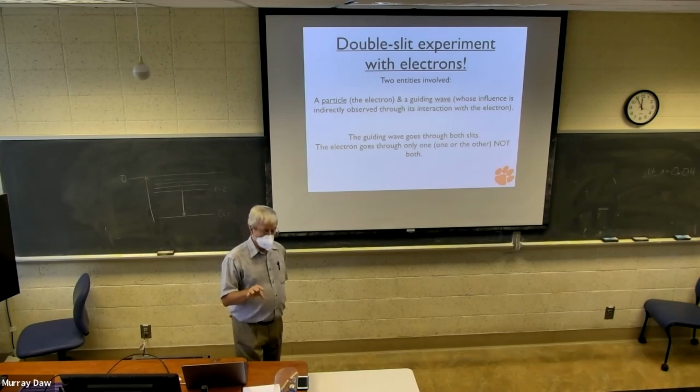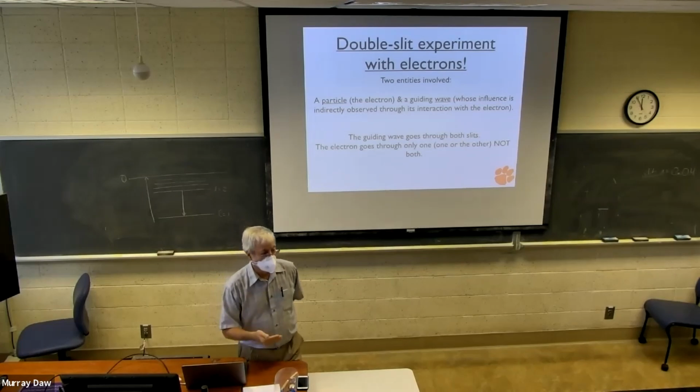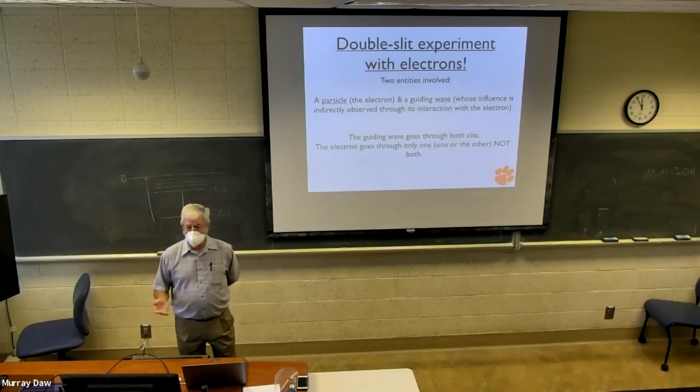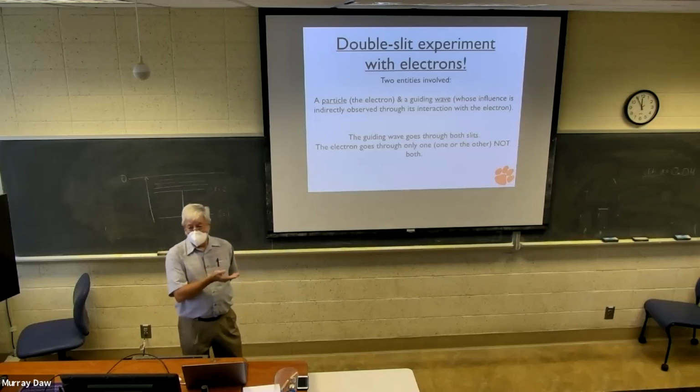The guiding wave goes through both slits. Contrary to what you've heard or read, if you've read about quantum mechanics, the usual explanation is that the electron goes through both slits. Each electron goes through both slits. That can't be. That's a non sequitur. It's not a logical conclusion. It's illogical. And it's not necessary either, of course.